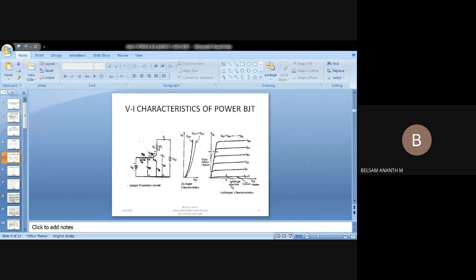Either if I go ahead with a BJT or MOSFET or TRIAC or DIAC. In the earlier classes we discussed TRIAC and other things, right? So there are a number of switches available.